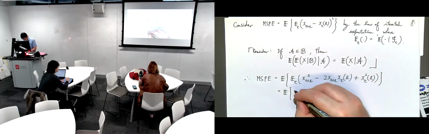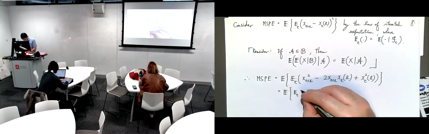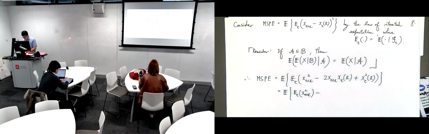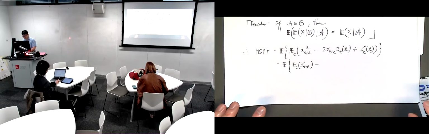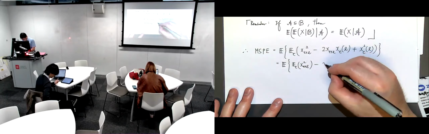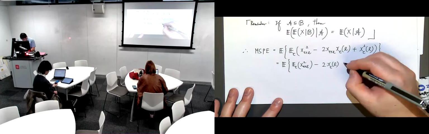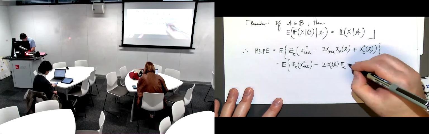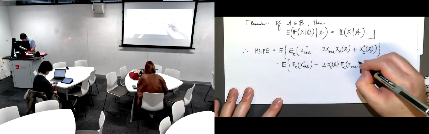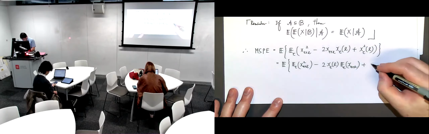Well, this is E sub t of X_{t+L} squared, minus 2 times X_t bracket L times E sub t of X_{t+L}, plus X_t bracket L all squared.